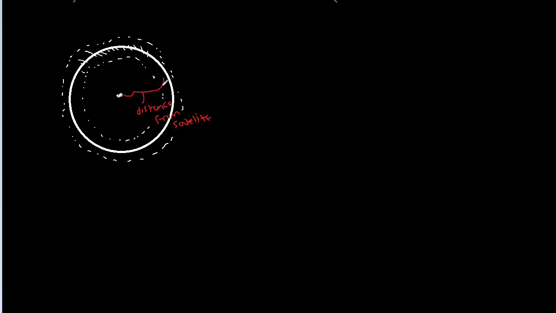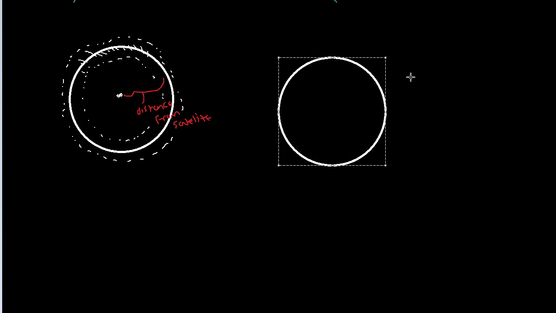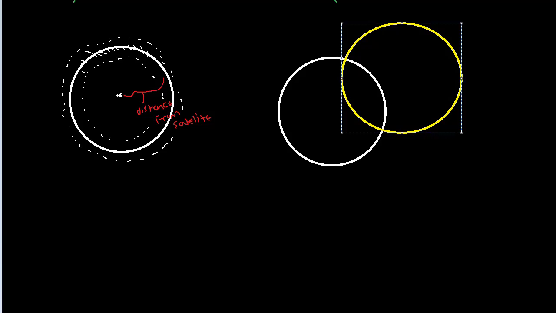And so now if we take that concept and apply it to trilateration, I'm going to try and draw this with three different colors. We'll do a white, we'll do a yellow, and then how about an orange?